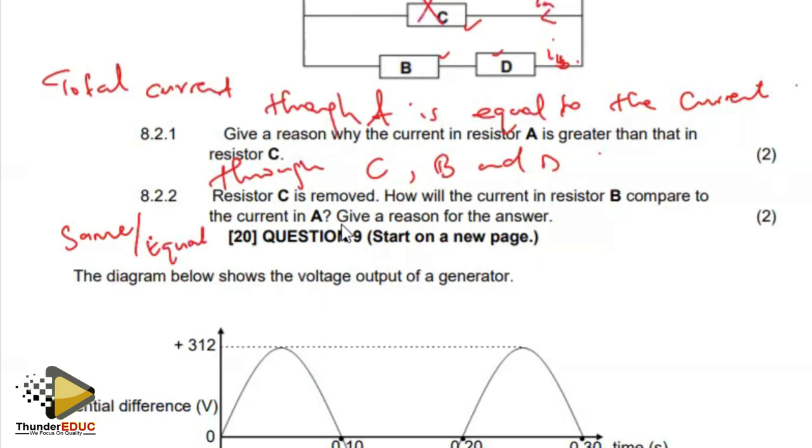Because for as long as this is out, A, B, and D are going to be in series. And we said in series, the current will be basically the same. Okay, so we can say resistors will be in series. All right, then we move on.